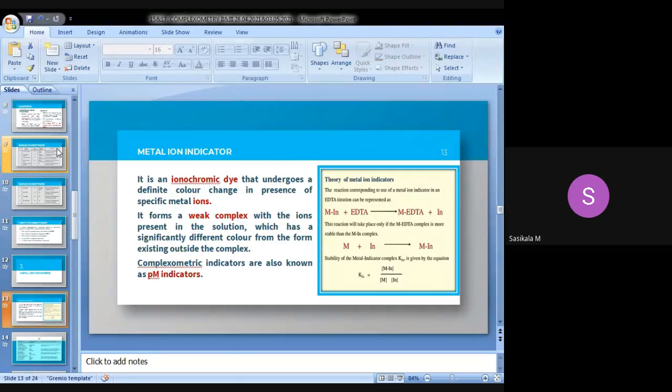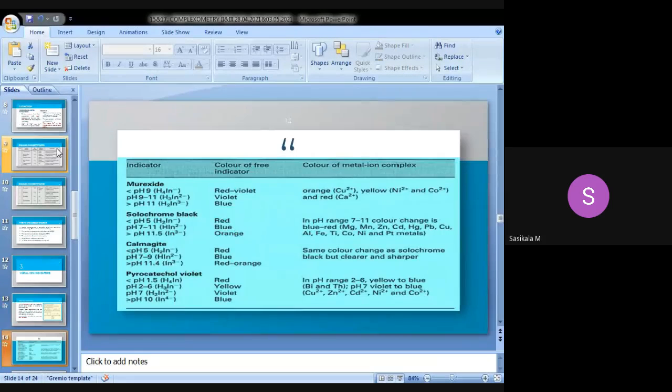These are called pM indicators, complexometric indicators, or metal ion indicators. Three names are used for these indicators.